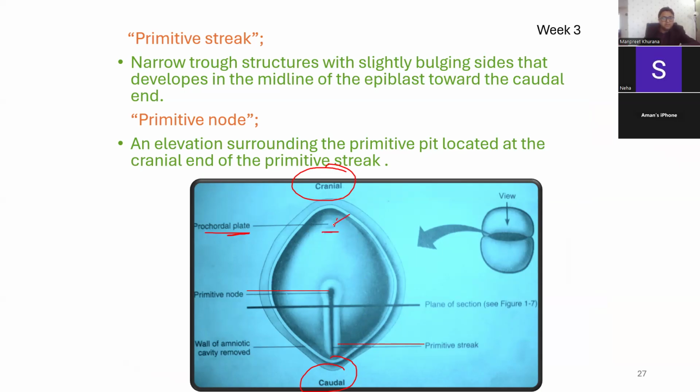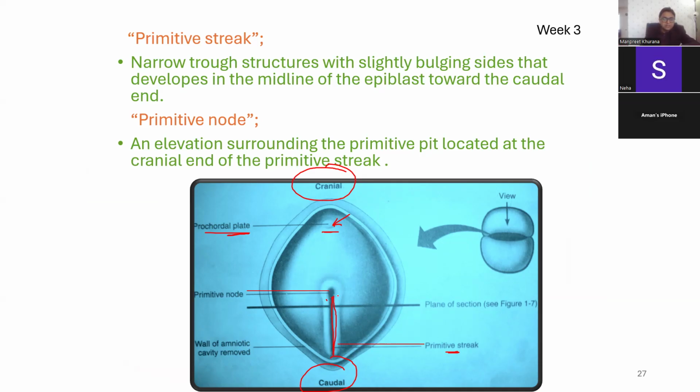This is a small thickening formed near the cranial end. And near the caudal end, there is a streak or line known as the primitive streak, and there is a bulging around. This is the wall of the amniotic cavity which is removed to show this picture. So the wall of the amniotic cavity is removed, and we are seeing from the inside what is happening. It will be more clear in the next pictures.